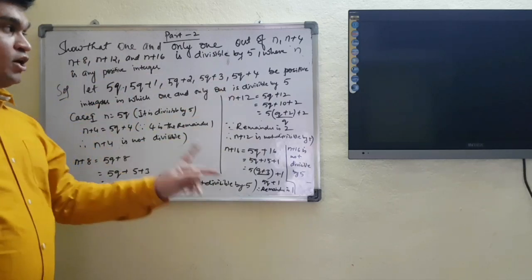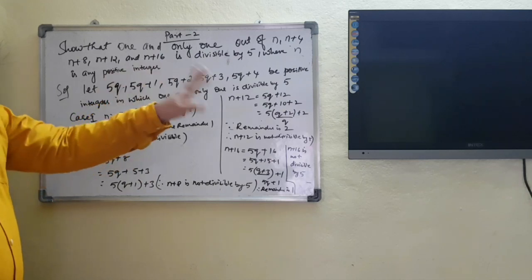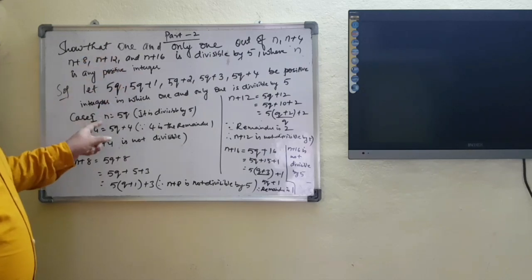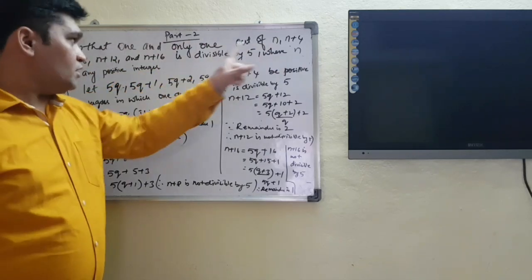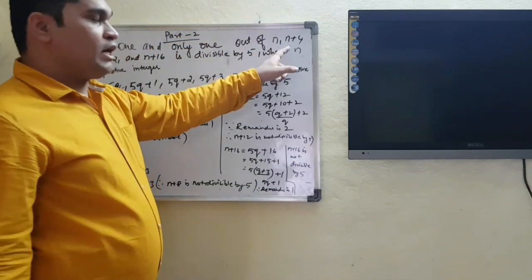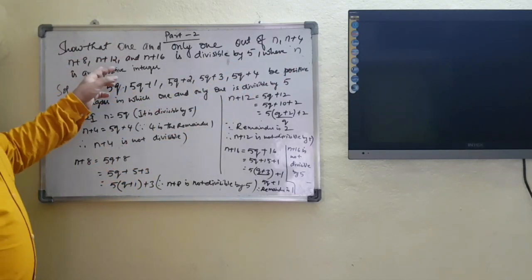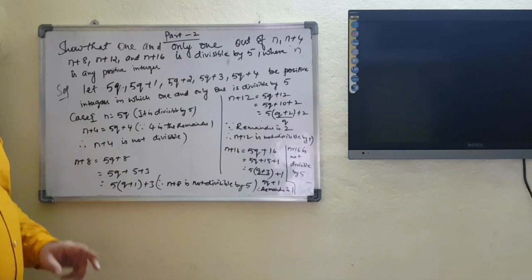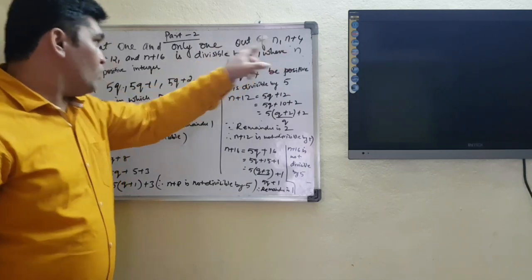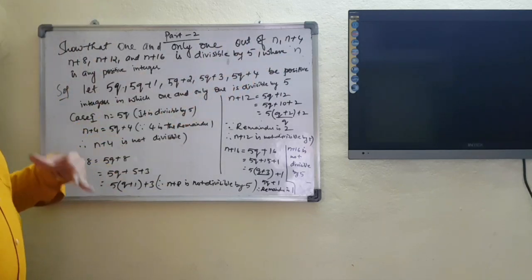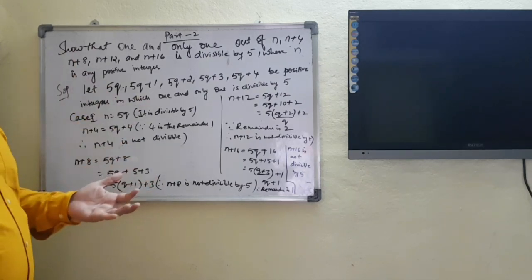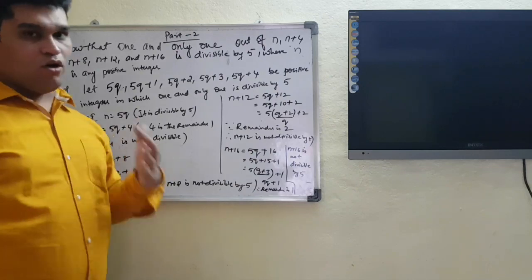If you substitute the cases by n terms individually, you will come across that in case 1, where n equal to 5q, divisibility was possible only for n, not for n plus 4, n plus 8, n plus 12, nor n plus 16. The same way, when you go with case 2 as n equal to 5q plus 1, any one of it will be divisible. So please substitute, check whether it is possible to have only one or more. Okay? Please do the rest of the terms as homework.